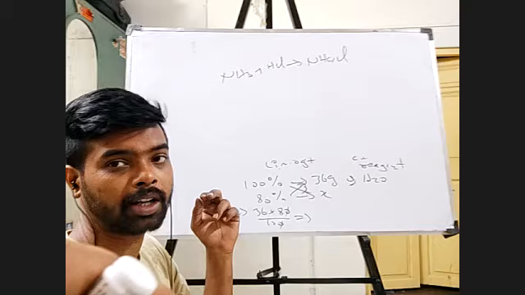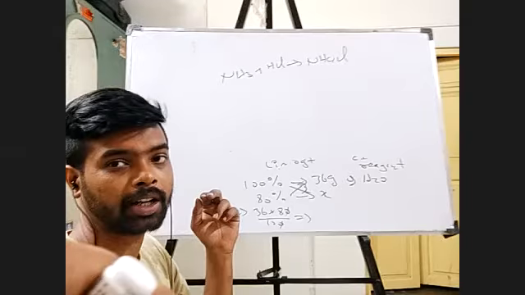Which is the limiting reagent here, guys? Sir, NH3. Are you sure? Basically I have 17 grams of NH3 and 17 grams of HCl, correct?